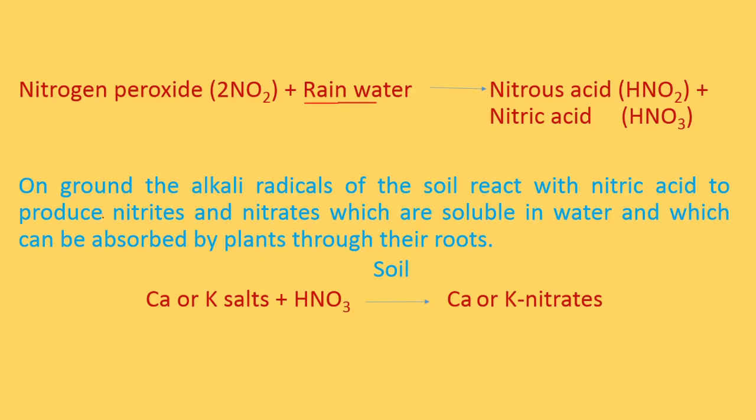Now in the last reaction, what happens on the ground: the alkali radicals of the soil react with nitric acid to produce nitrites and nitrates.